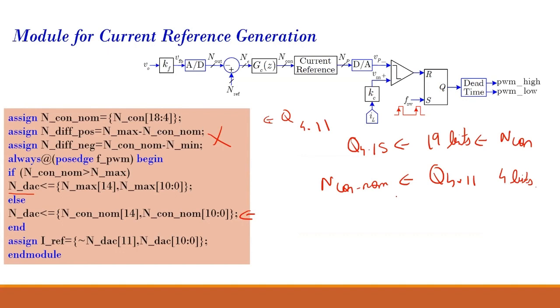We are taking the bit of MSB minus 1 and the remaining bits we are giving. Since it is signed, we are taking MSB minus 1 here. Why are we taking MSB minus 1? Because it will only be positive, it will not have a negative value. So that sign bit is neglected, and you get this ncon nominal.